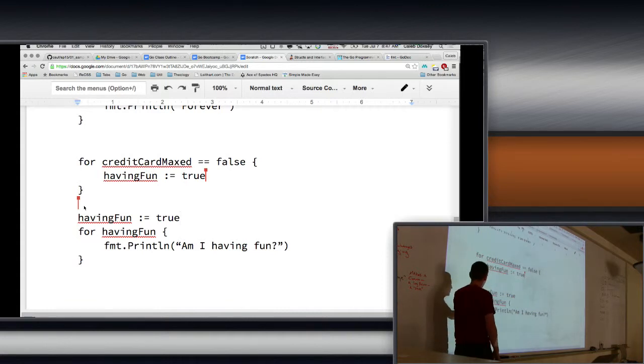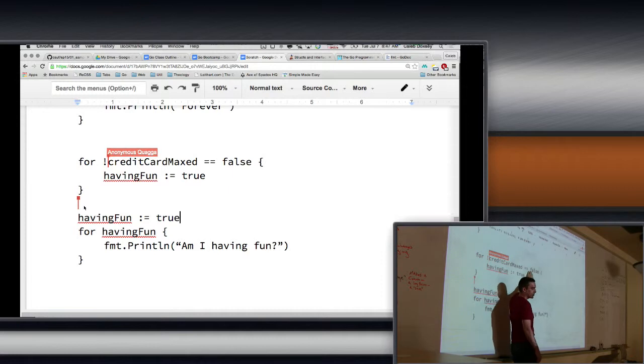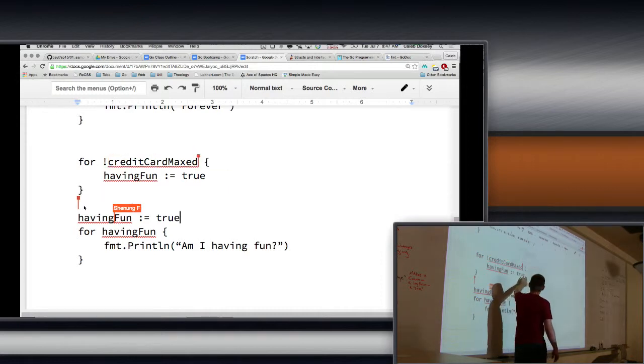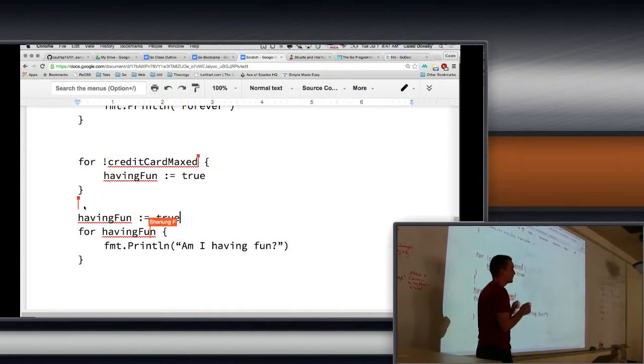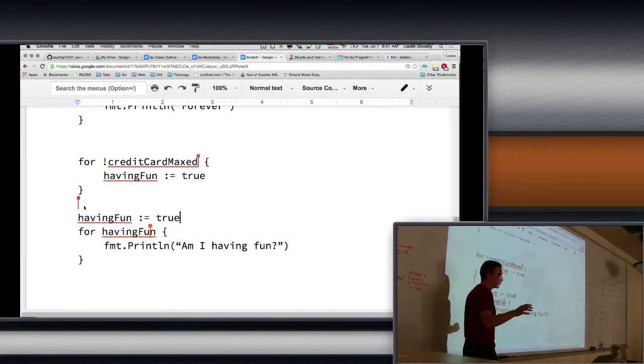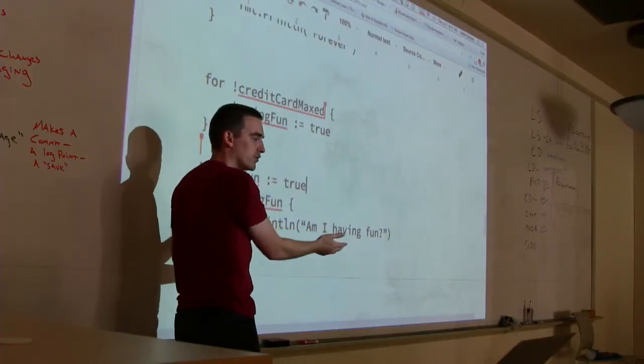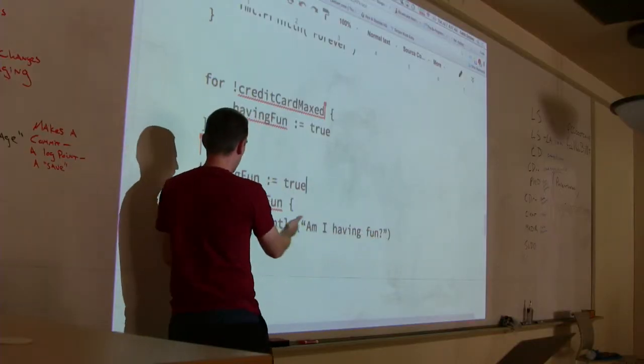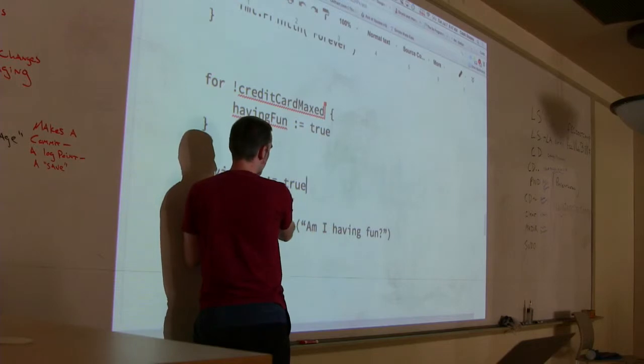So you probably are inside of this loop somewhere going to change having fun to false at some point. Now this case where you say equal equal false, that's pretty unusual. Typically you never do equality with true or false, because equal equal true is the same as just leaving it off. Is true equal to true? Of course it's equal to true. That's obvious. So you would normally leave it by itself.